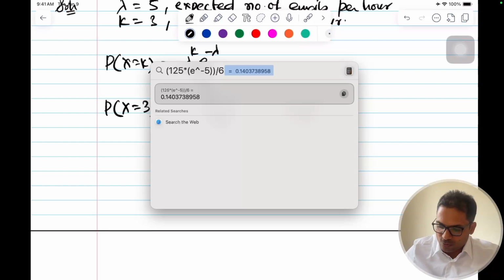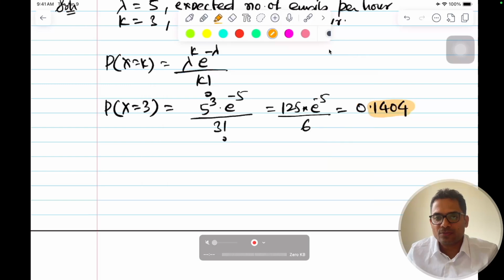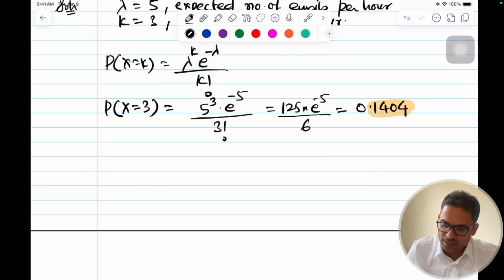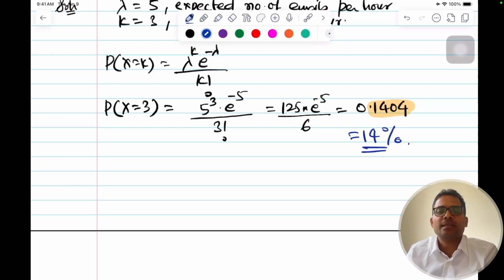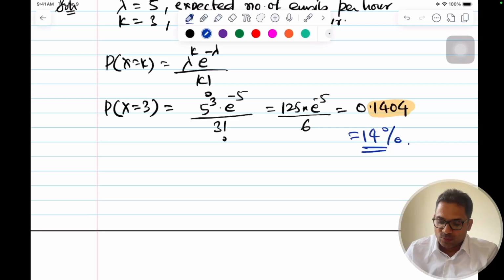This comes out to be 14.037, so it will be 14.04, sorry, 0.1404. This is the probability of getting exactly 3 emails. If we talk in percentage, that would be around 14%. Okay, I hope Poisson distribution is clear.